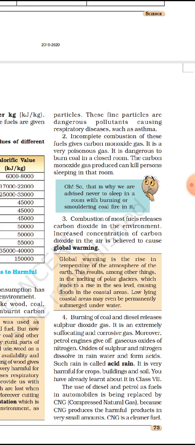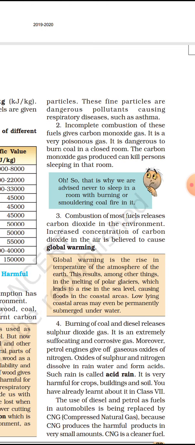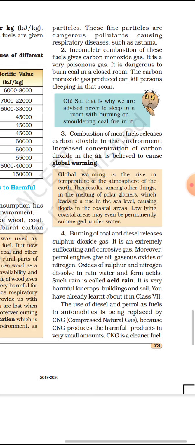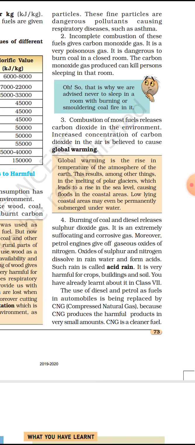Third, it causes global warming. Increased concentration of carbon dioxide in the air causes global warming. Okay, next, it causes acid rain. How does acid rain happen? Burning of coal and diesel releases sulfur dioxide gas.